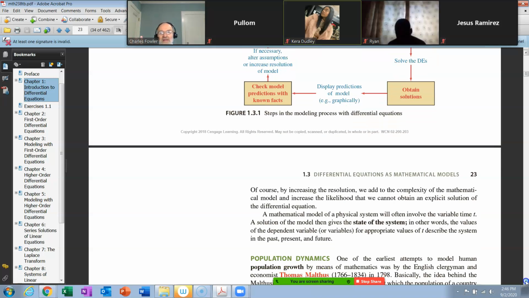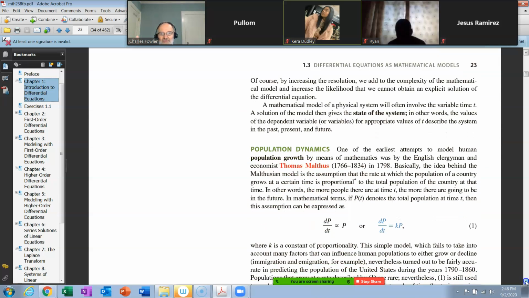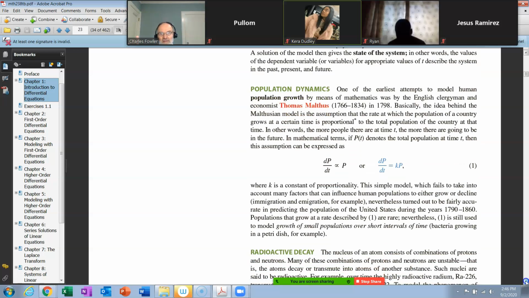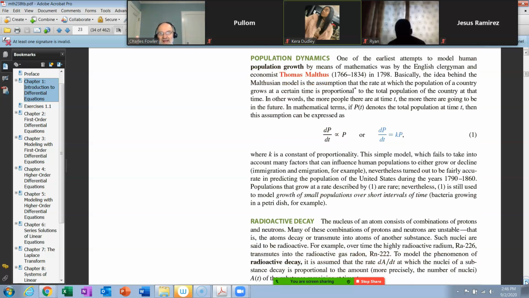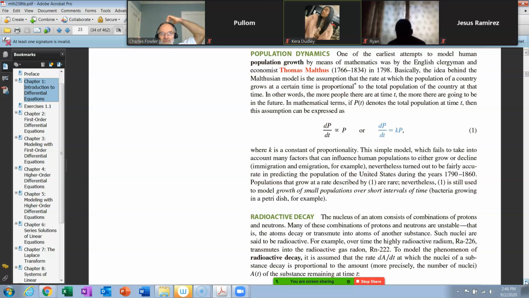So anyway, let's look at a few models here. And the very early one was that of population dynamics. One of the earliest attempts to model human population growth by means of mathematics was established by an English clergyman, but he was also an economist. A good combination, huh?